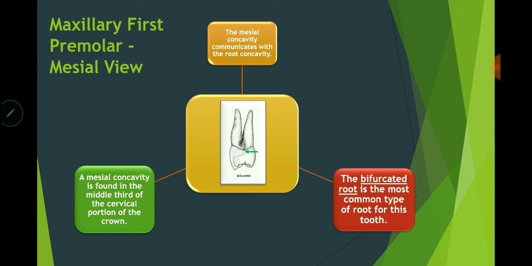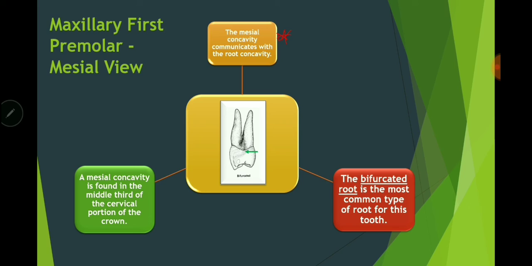The mesial concavity is found in the middle third of the cervical portion of the crown. And of course, the mesial concavity communicates with the root concavity. You have to keep that in mind.